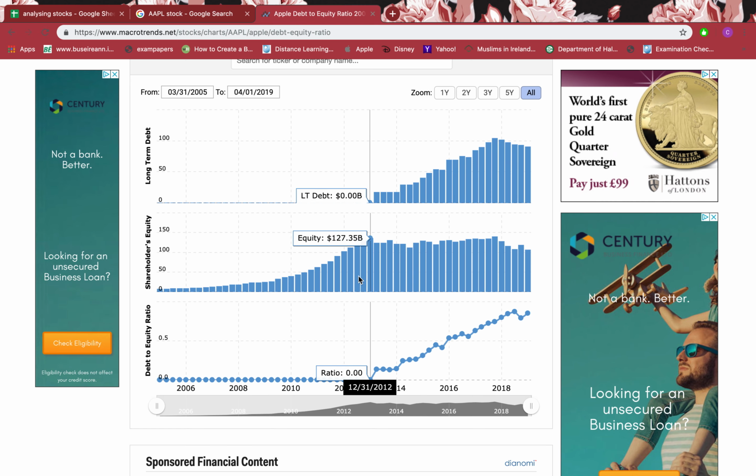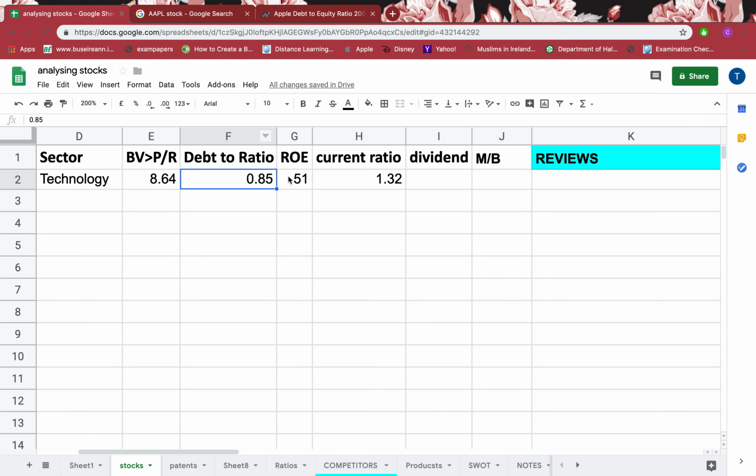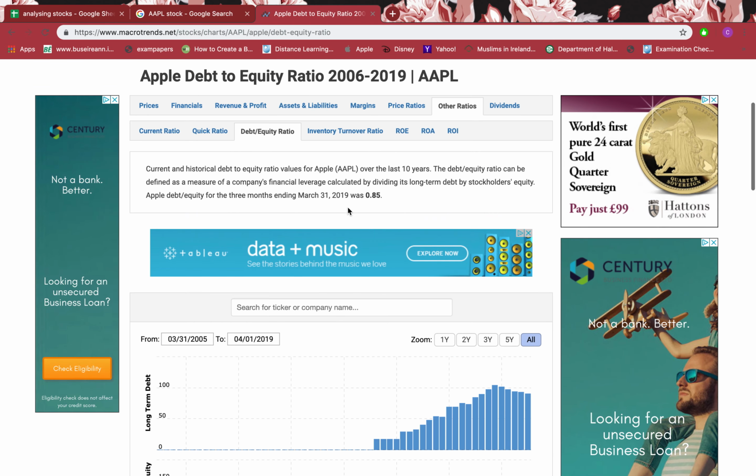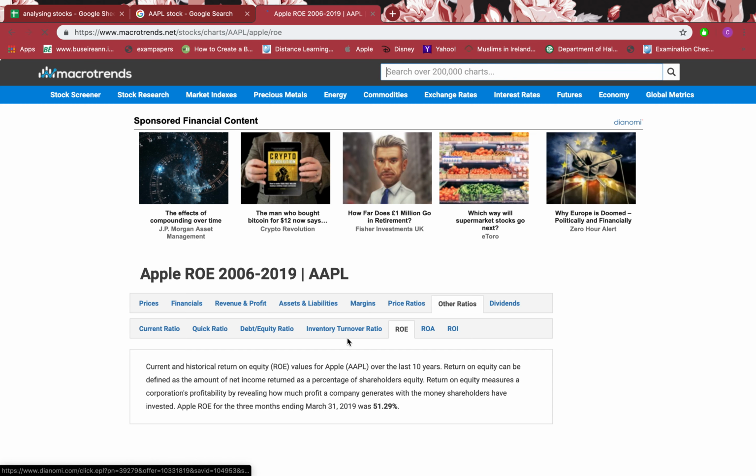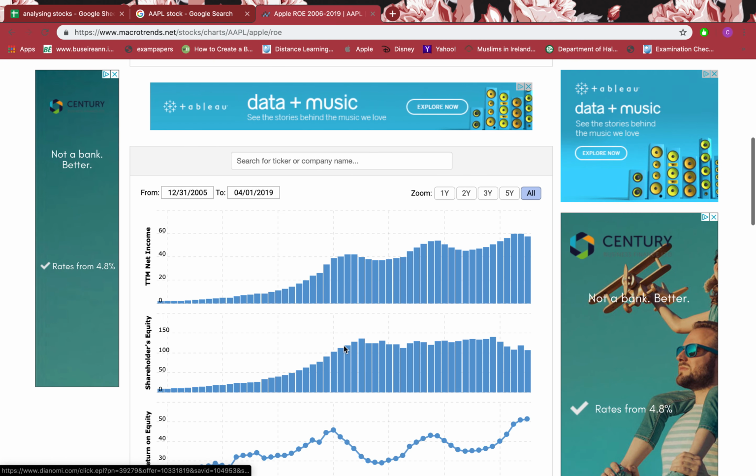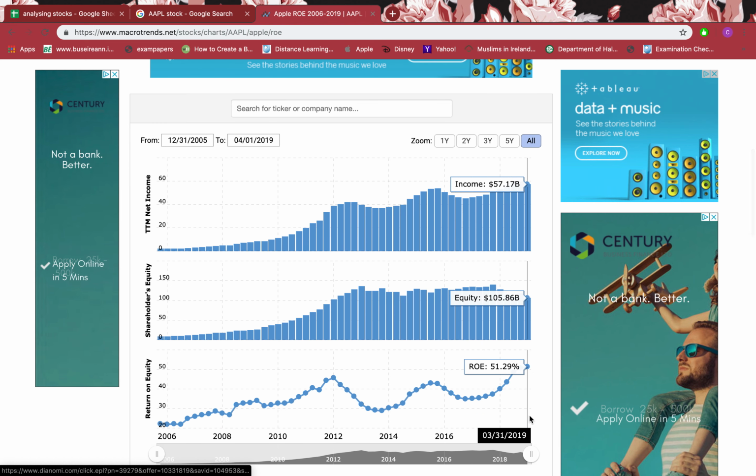Then if I see return on equity, which is very important because whatever shareholders have invested, what return they are getting. Return on equity should be 8% or above that. That's a good one. So if I look right now, it's 51%.